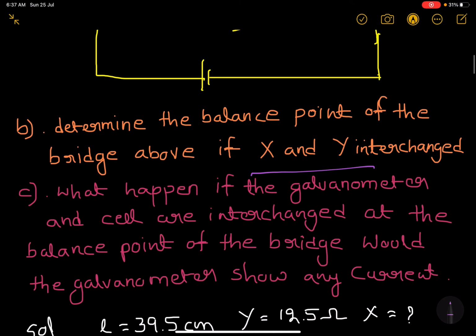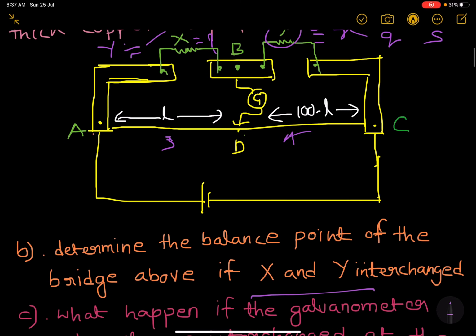And the third question: what happens if the galvanometer and cell are interchanged at the balance point of the bridge? Would the galvanometer show any current? Here is a cell, this is the galvanometer. What happens if we change the galvanometer and place the battery here?